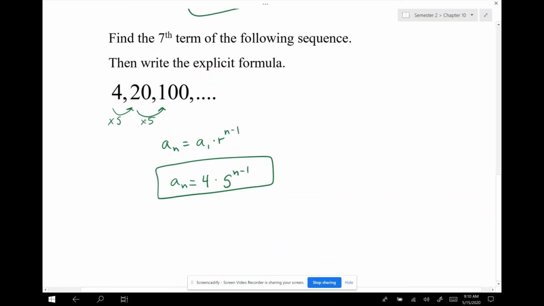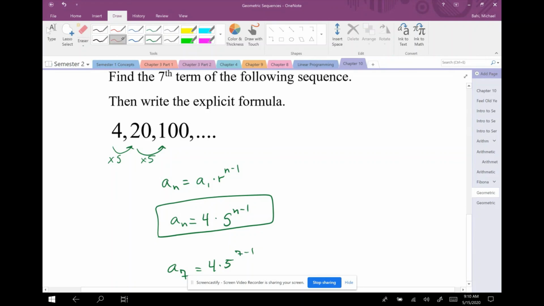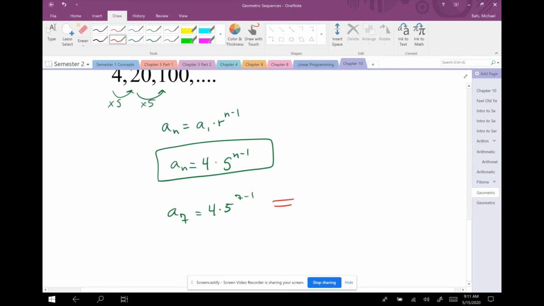Now to find the seventh term, a sub 7 equals 4 times 5 to the 7 minus 1. So again, do not multiply the 4 and the 5 and then raise it to the 6th power. Do not do that.